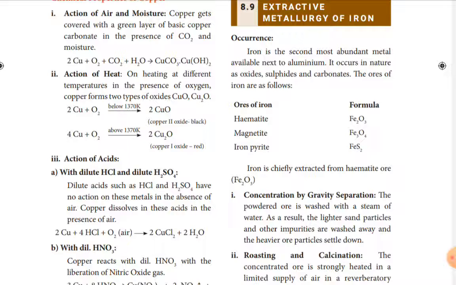The first method is concentration by gravity separation. In the gravity separation method, the powdered ore is washed with a stream of water. Stream means a jet of water is allowed. The light sand particles and impurities are washed away in this process.